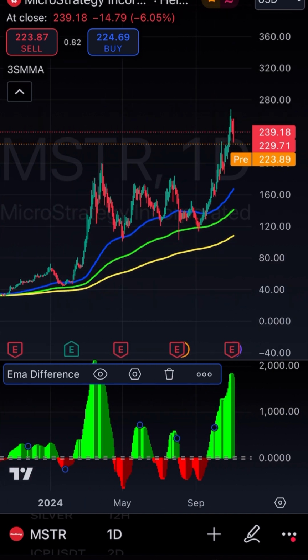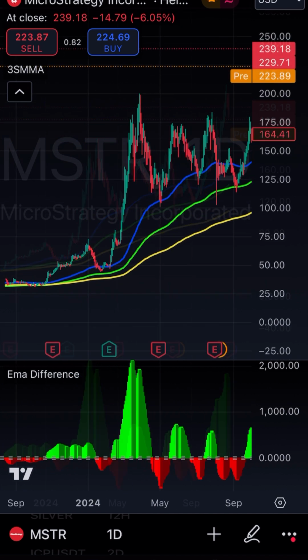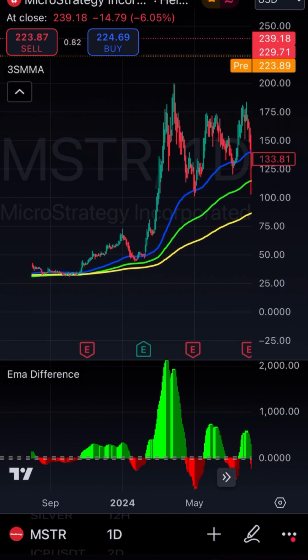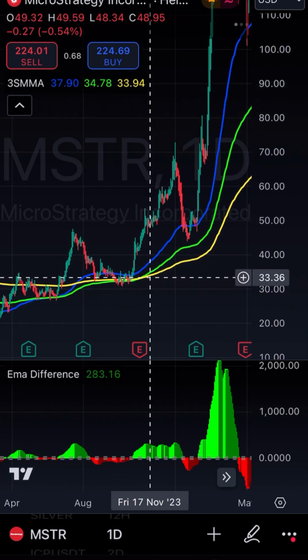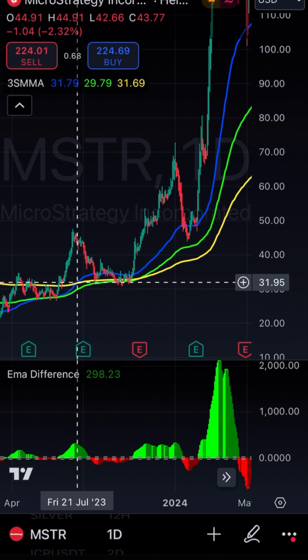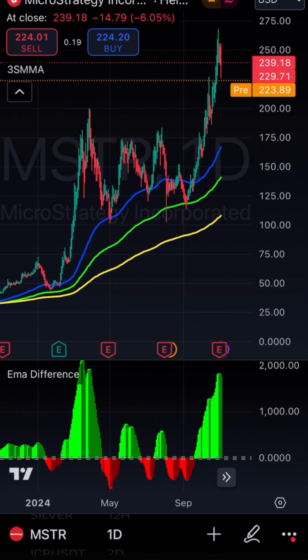Right now we're looking at MicroStrategy on the day chart, and we are seeing that it started crossing right about here. This is where it started going up. Since July 21st, it's been in a bull cycle.